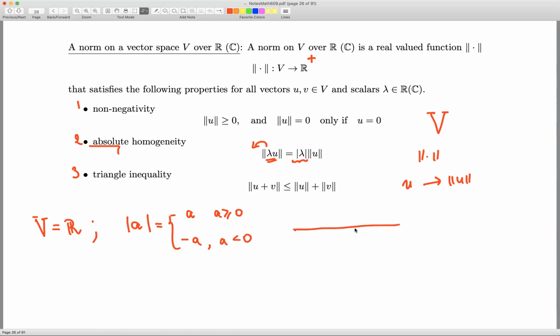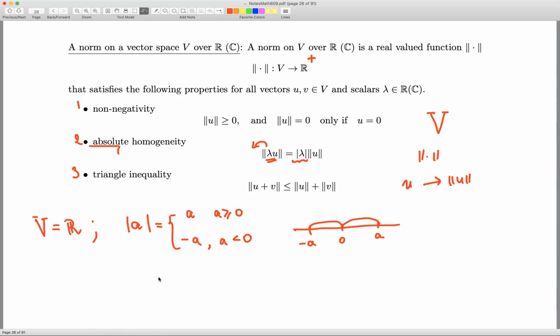And the idea of the absolute value is that it tells us basically the magnitude, by how far away a number is from 0.